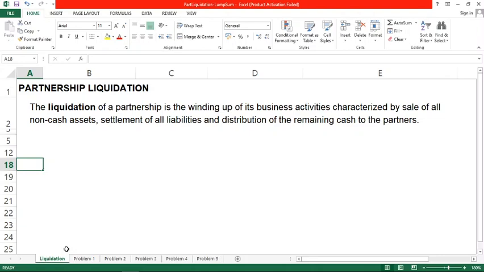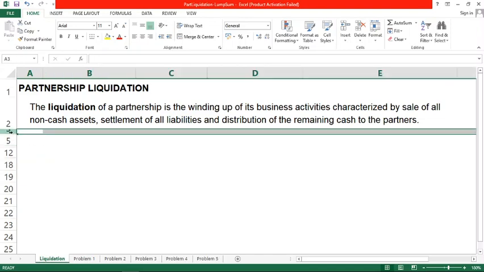Again, we are going to have an end of the life of the company. So here is a peek of what is winding up. First, we sell non-cash assets, and then we settle the liabilities, and any excess will be distributed to the partners in the form of cash.